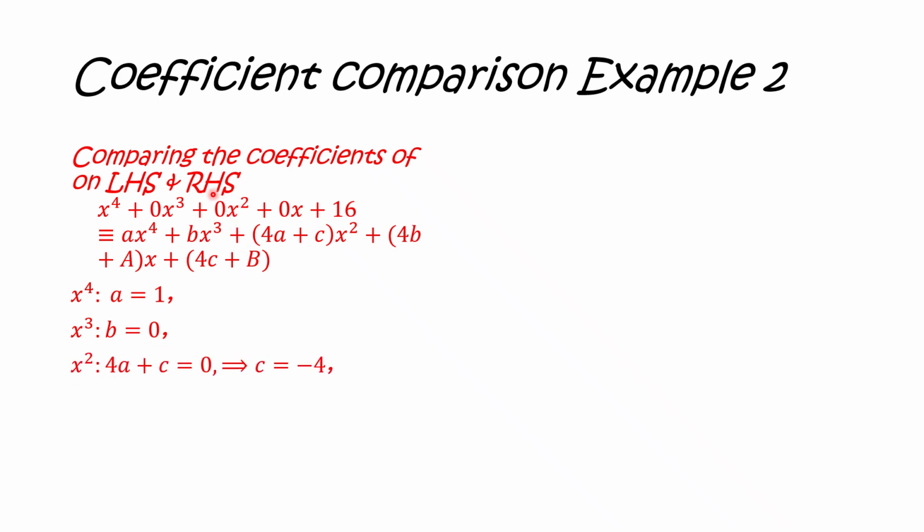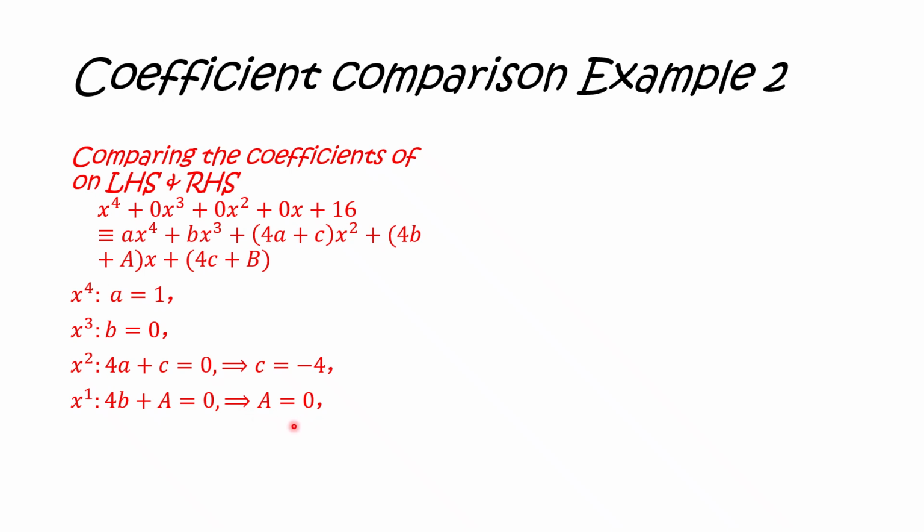Now, for the coefficient of x squared, we have 4a plus c is equal to 0. Substituting with the a that we obtained, which was 1, it means that our c becomes minus 4. Moving on to the coefficient of x, we have 4b plus capital A is equal to 0. So substituting with b is equal to 0, A becomes 0 once again.